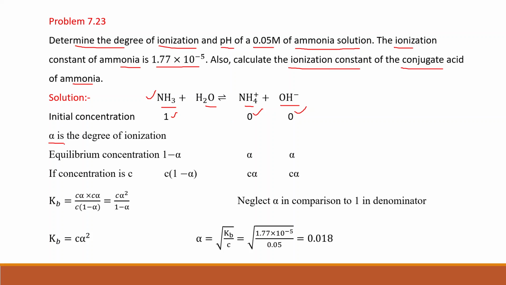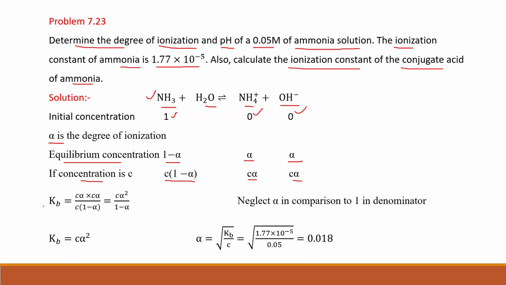If alpha is the degree of ionization, then equilibrium concentration of NH3 is 1 minus alpha, NH4 plus is alpha, OH minus is alpha, and if C is the concentration, then equilibrium concentration of NH3 is C(1 minus alpha), equilibrium concentration of NH4 plus is C alpha, equilibrium concentration of OH minus ion is C alpha.